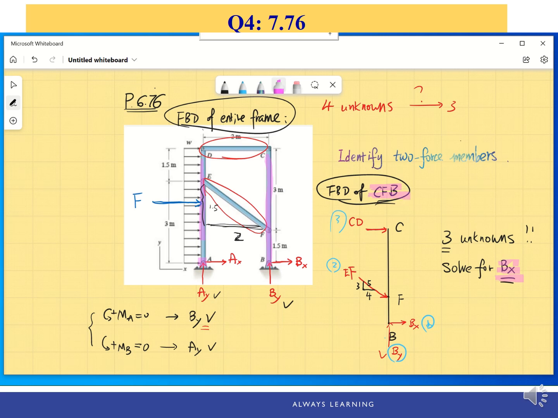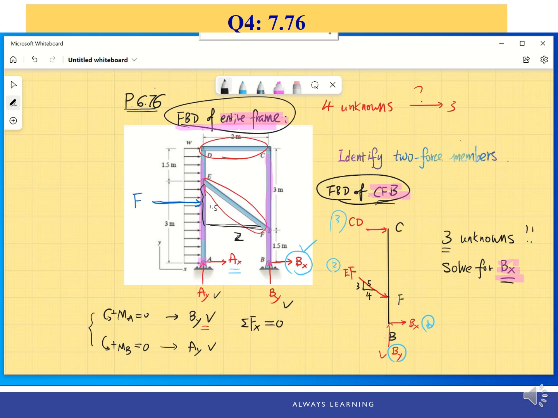After we solve BX from this free body diagram of the member CFB, then you can return back to the free body diagram of the entire frame. So this is done now, and you can write another equation to solve for the force AX, sorry. That probably will be the equation of sum of Fx equals 0, right?